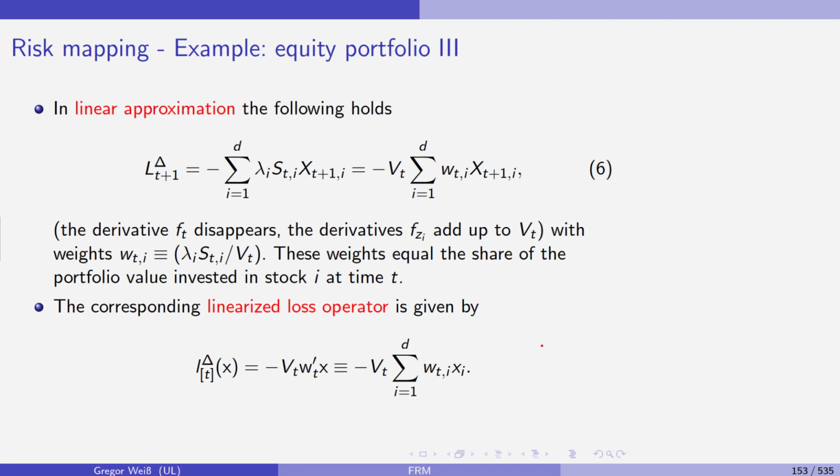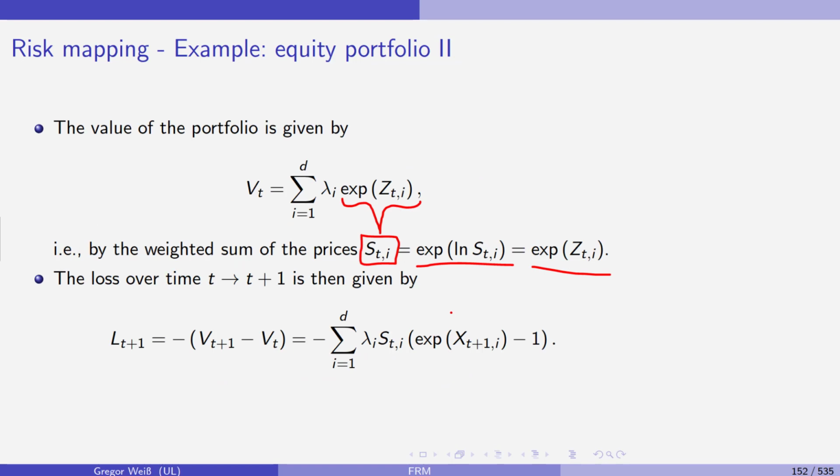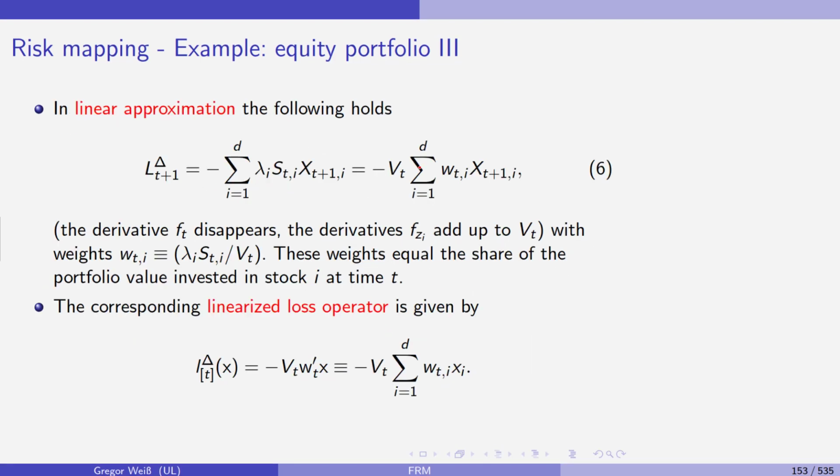So in linear approximation we get the following. You can simply take the derivative here, and you will see that in the end the linearized loss is minus V_t times the sum of the weighted risk factor changes. The first derivative with respect to time vanishes.